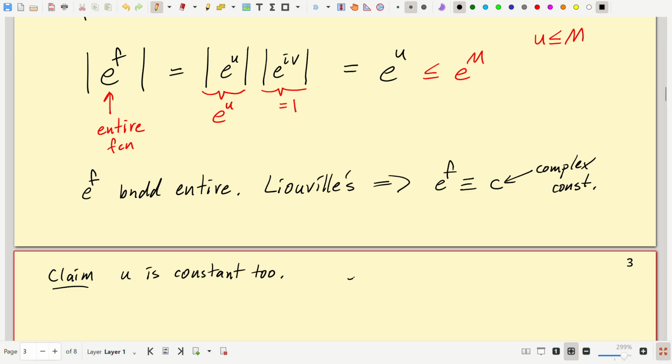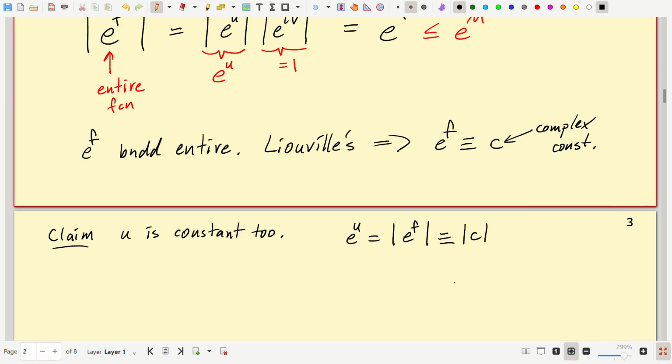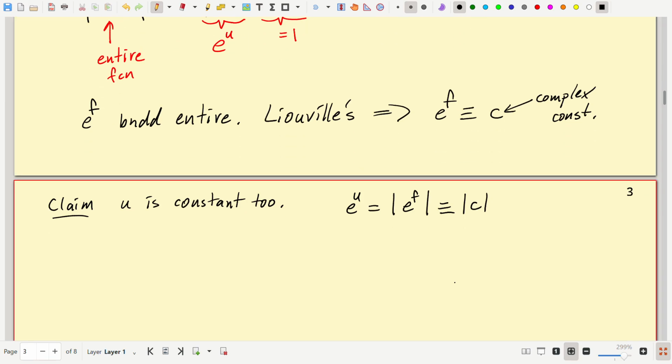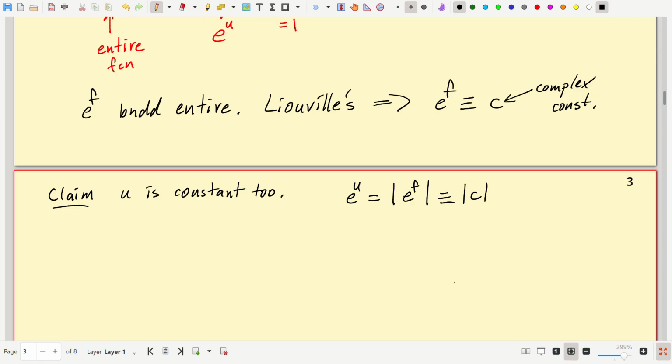Let's see, I have e to the u is the modulus of e to the f, and e to the f is constant, so e to the u would be the constant modulus of c. And this is a real value. u is real, and of course it's the real exponential. And so this means that u is the natural log of the modulus of c. So check. That's a constant.